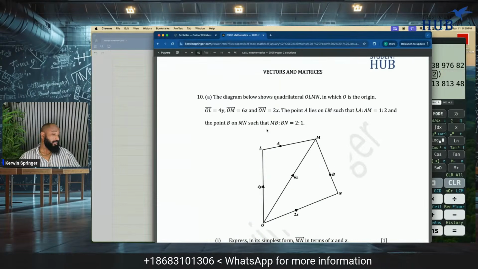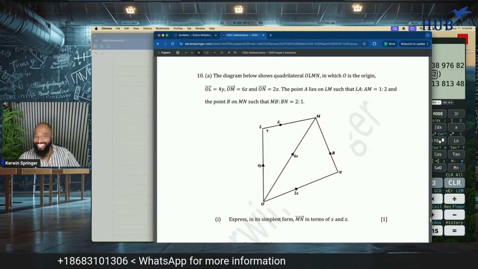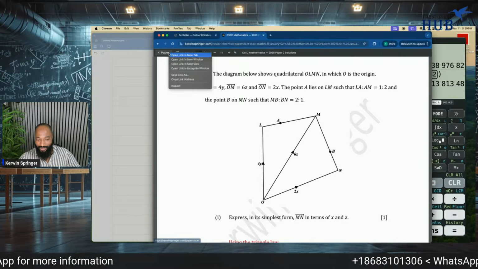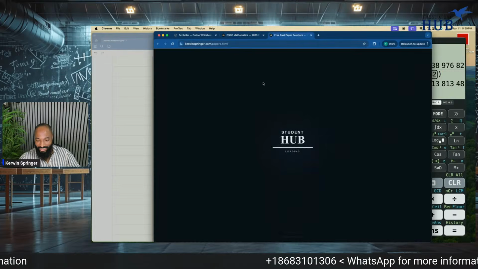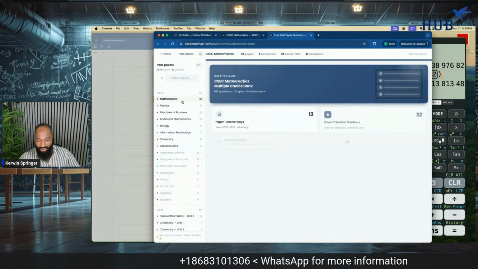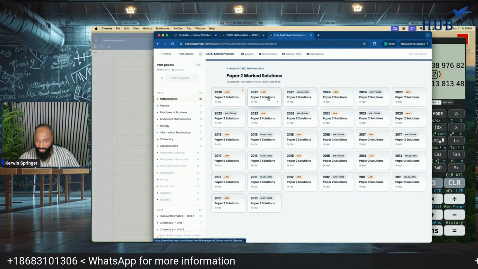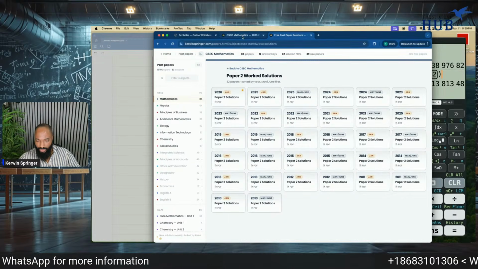Oh gosh. I think I did this one recently, actually. Do I want to do this one? Because I did it recently. Which one was this? 2025.